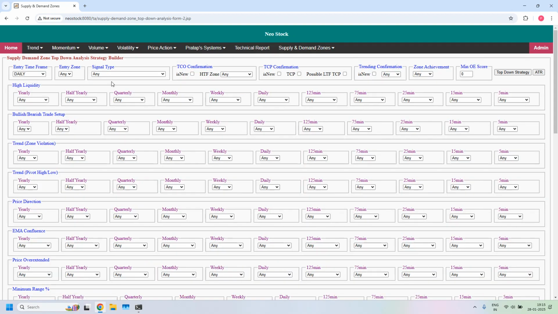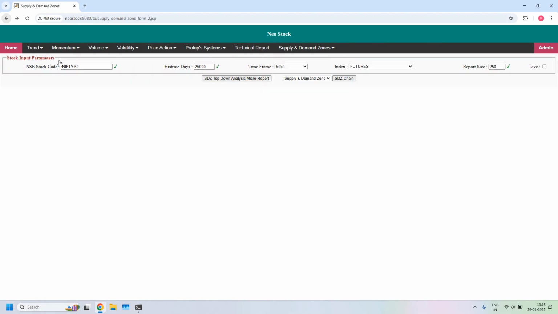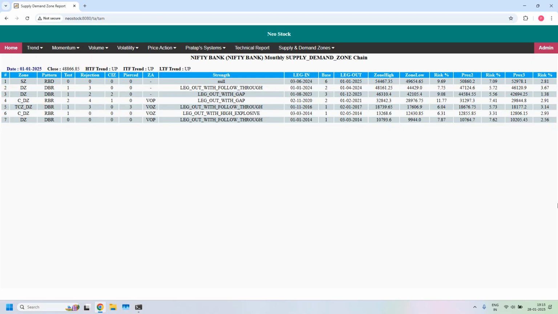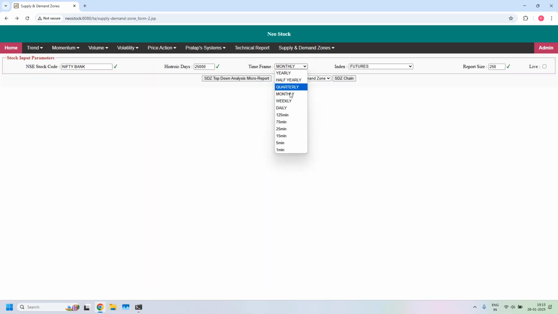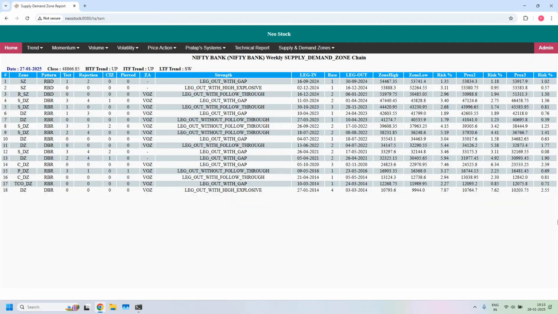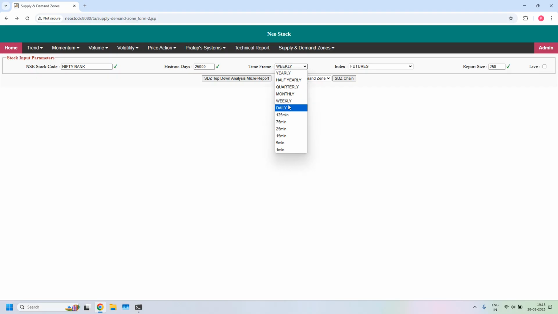Next, BANKNIFTY supply demand zone chain. That is nothing but Nifty Bank. Generating monthly supply demand zone chain for BANKNIFTY. Next, weekly supply demand zone chain for BANKNIFTY. Next, daily supply demand zone chain for BANKNIFTY.